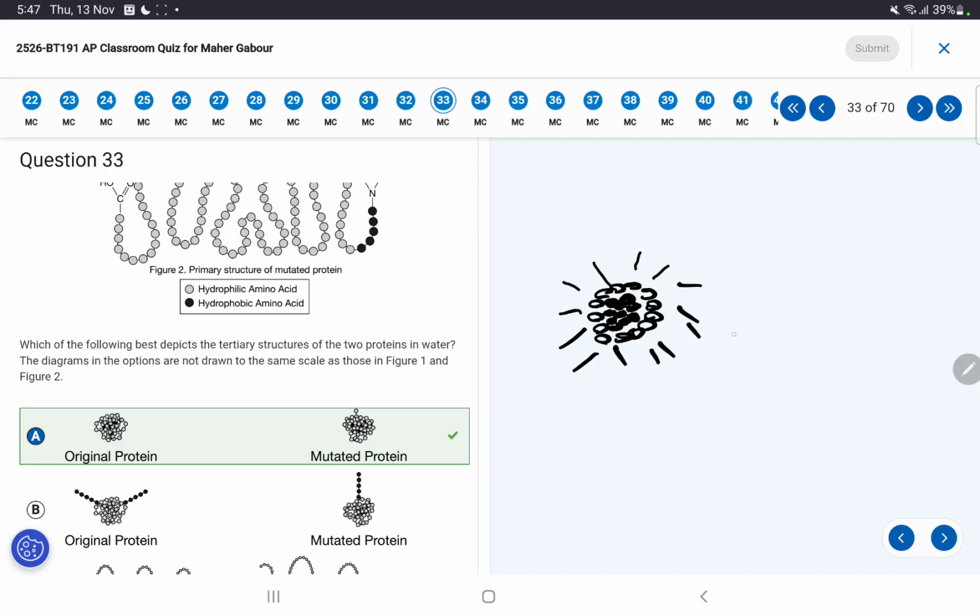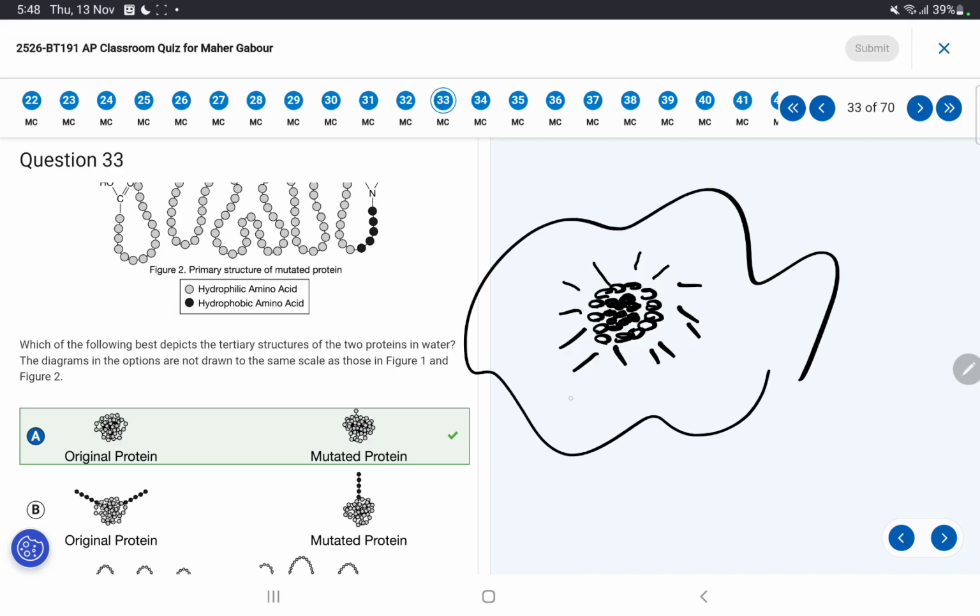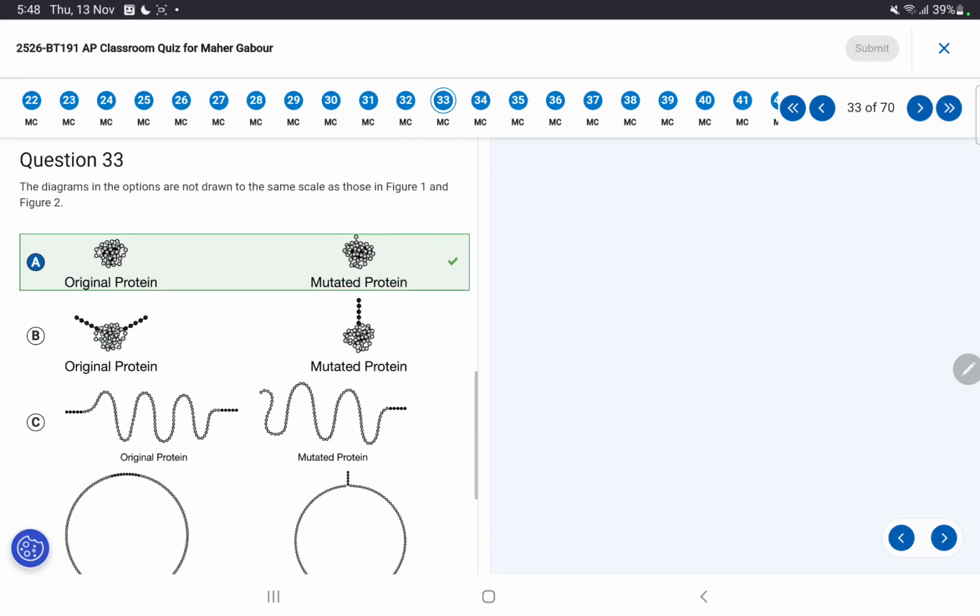Okay, because they like water. Here we have water, okay? The polar parts, the charged parts, the hydrophilic parts will be outside, welcoming the water. We want to talk to you, whatever. And then the hydrophobic parts are inside. They're scared, they're shy, they don't want to come out, so they just hide inside, okay? So these are the only correct two.